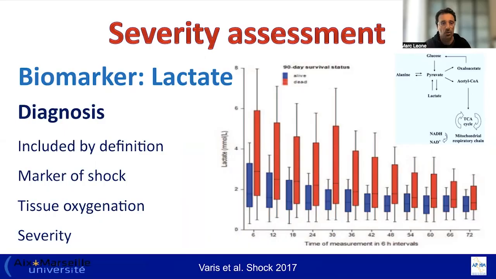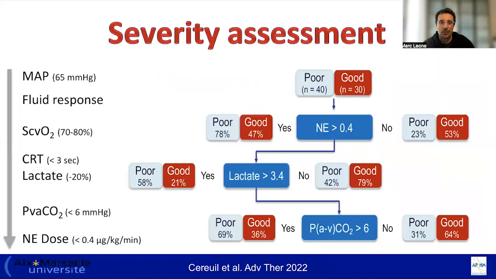It's just a marker of tissue oxygenation and severity of the process, as you can see on the figure in the right part of the screen. The patients dying have the highest serum concentration of lactate, compared with the patients surviving the septic shock. There are other markers of severity like the dosage of norepinephrine or the PCO2 gap, which can reflect the quality of tissue perfusion.